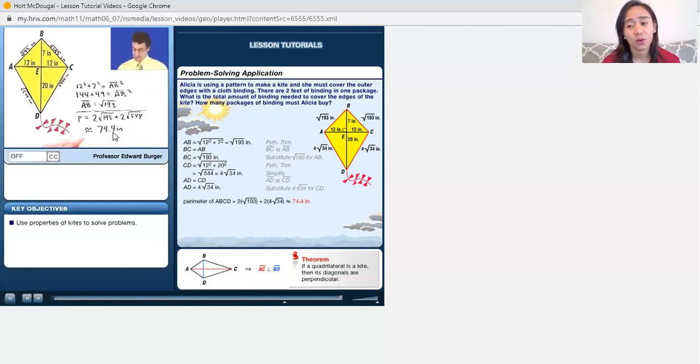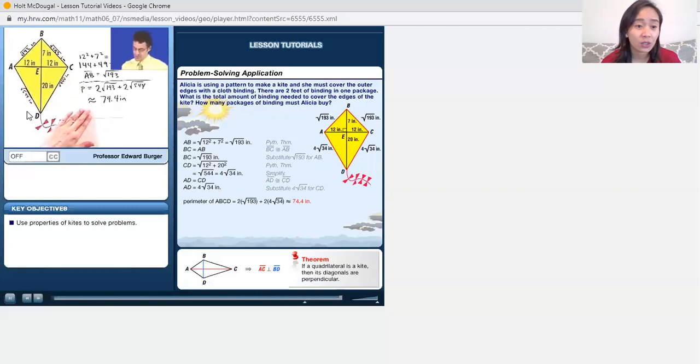So you may solve for the square root of 193, you may solve for the square root of 544, and still the same, you're gonna get 74.4 inches. So if you add everything, even if you don't do that 2 times, you're still gonna get the same thing. That's 2 times because you have 2 sides that are congruent. You have 2 sides of 1 and 3 that are congruent.